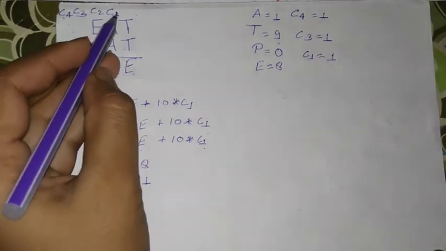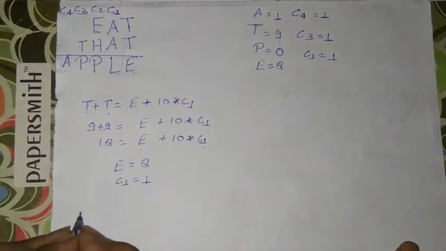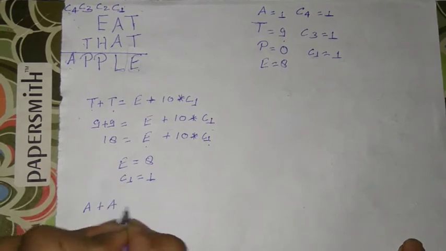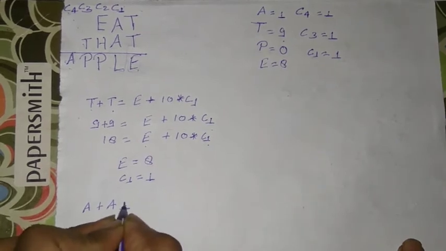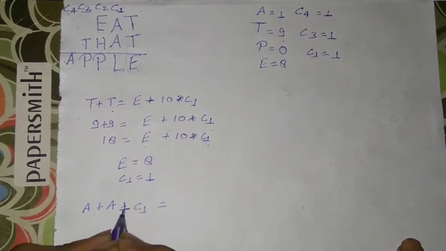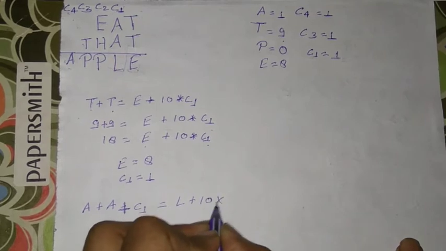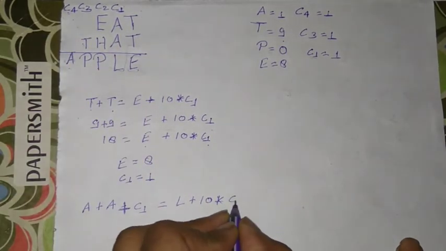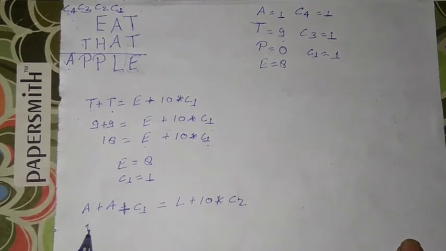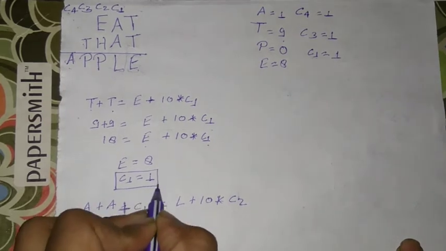Now we make the equation for this second column. So here we write A plus A plus carry C1 equals L plus 10 into carry C2. Here the value of A is 1, so 1 plus 1 and the value of C1 is 1.